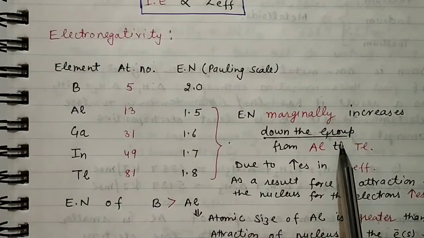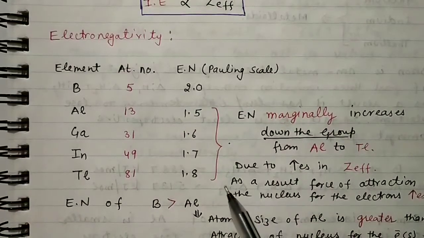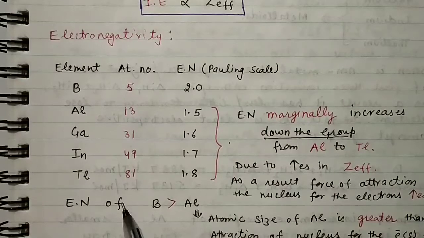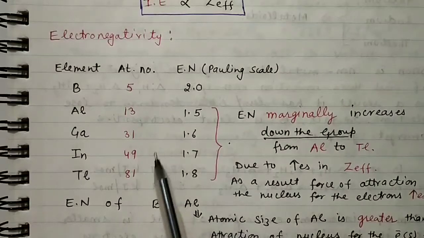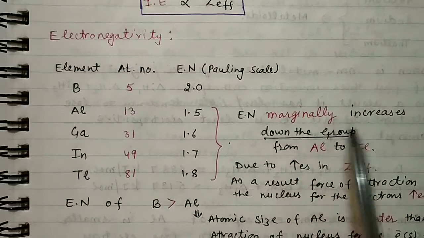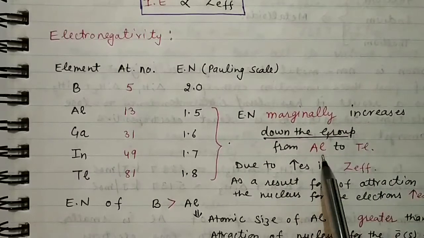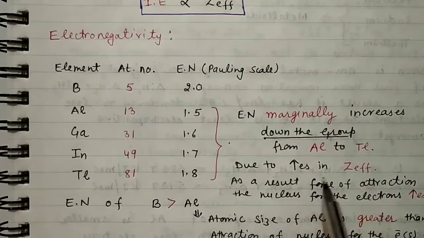Our general trend is down the group electronegativity is going to decrease, but here electronegativity in case of group 13 element is marginally increased down the group from aluminium to thallium due to the increase in the effective nuclear charge. As a result, force of attraction of the nucleus for the electron increases.